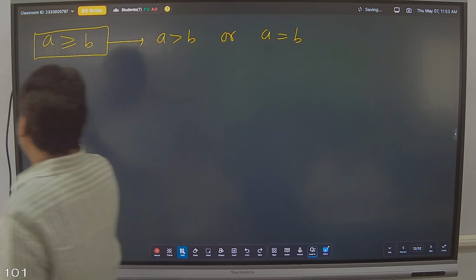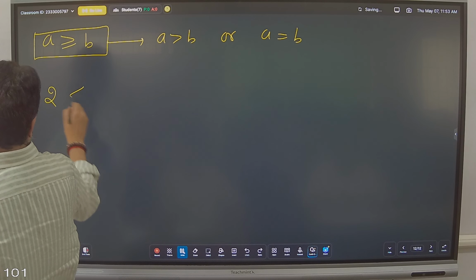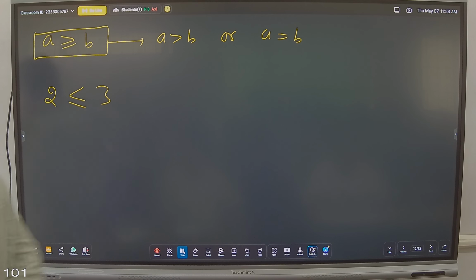So tell me, is this statement true? Speak. Is it true or not? Somebody is saying no. I didn't disclose the answer yet. How many people are saying it's true? Raise your hand.